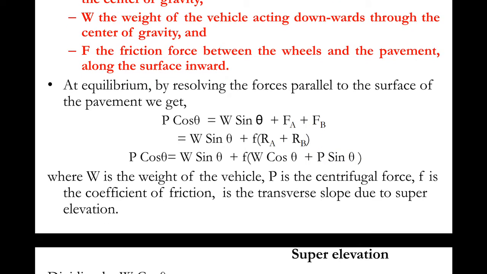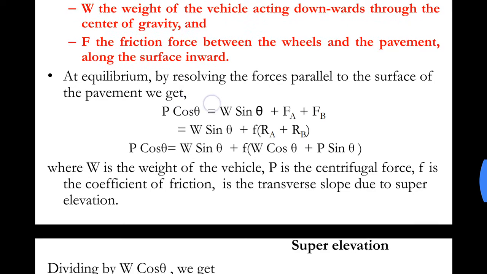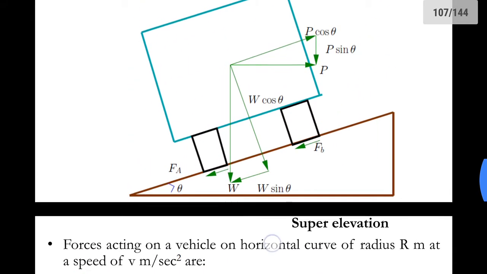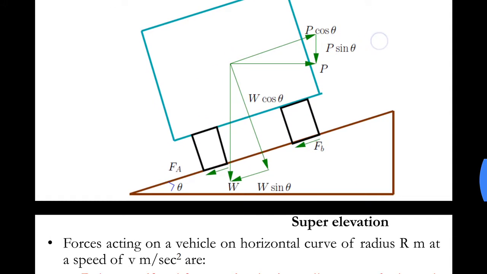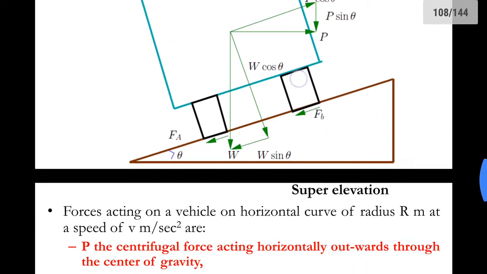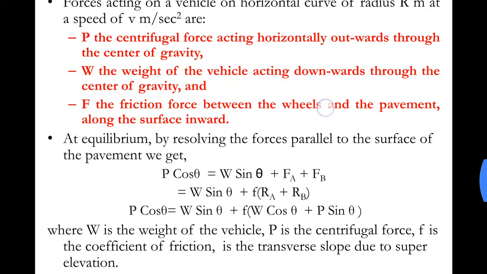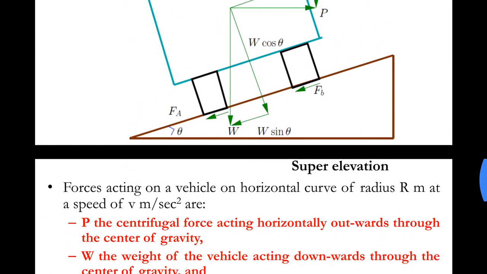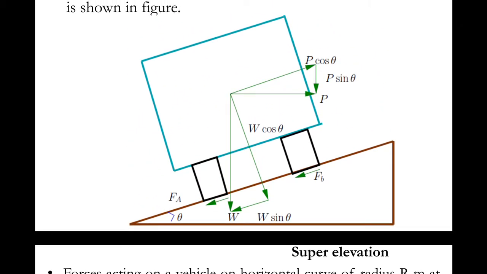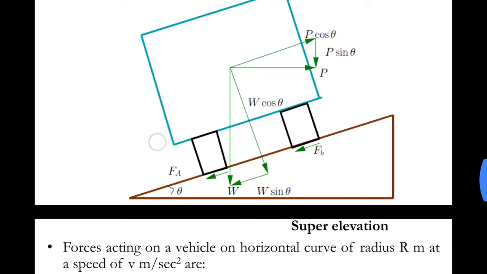Now at equilibrium, by resolving the forces parallel to the surface of the pavement, we get, the resolution has been done over here: P cos theta, P sin theta, W cos theta and W sin theta. Now we consider the equilibrium condition. You equate the forces acting towards the right to those acting towards the left.